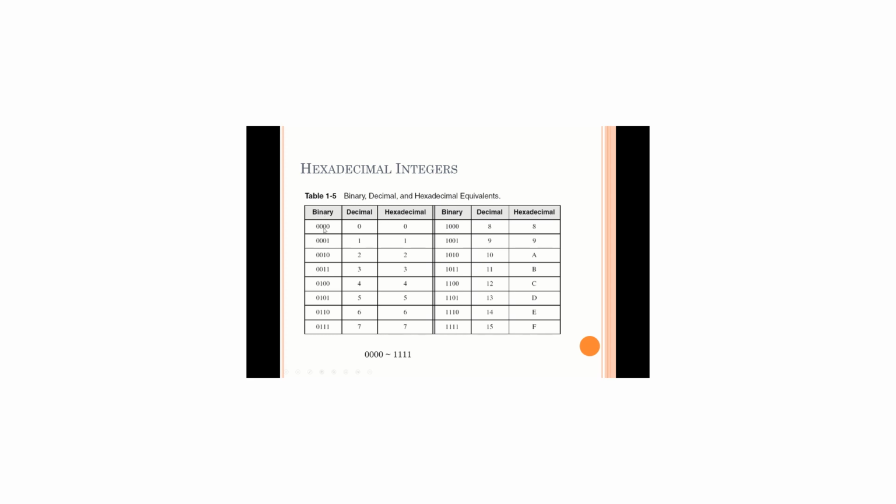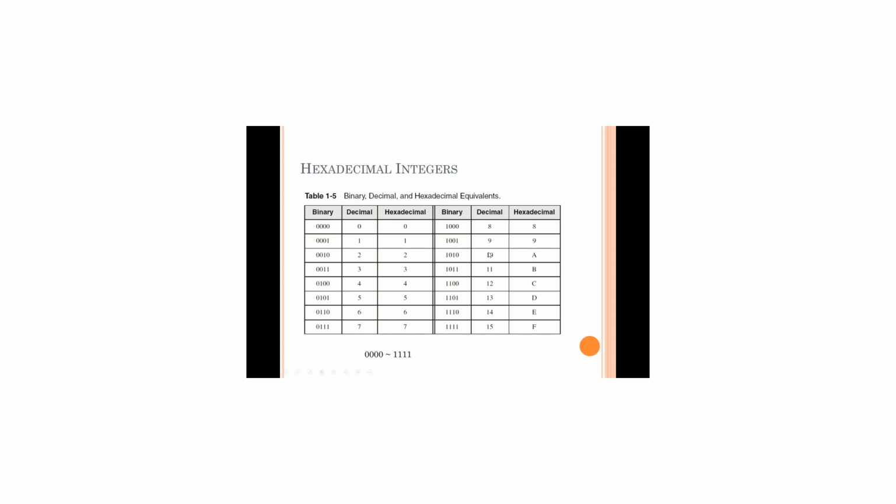It starts from 0, okay? The number 1 is represented by 1, 2 by 2, right? All the way to 9. At number 9, that's when the decimal number system runs out of digits, so it's going to carry over to 10. It becomes 10, right here.